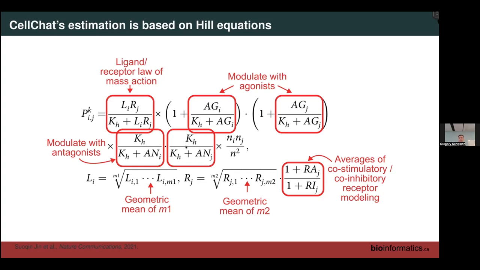But you'll notice the difference is that the antagonists have the dissociation constant on top, right? This is for the dissociation. This is where you have the competition for binding that the antagonists are blocking. And lastly, they weigh this whole equation by the numbers of cells belonging to each cell type.